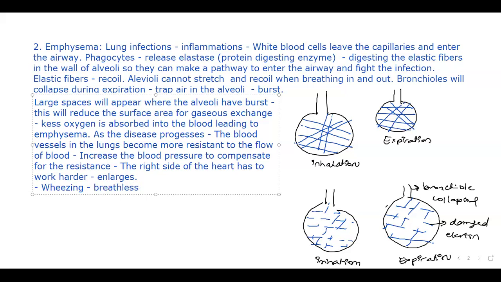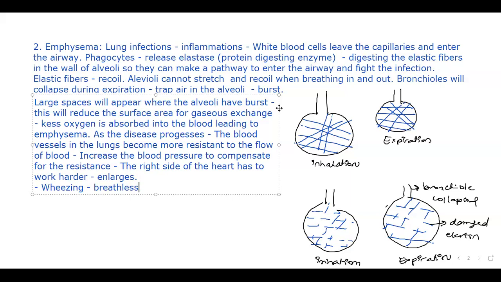And why are they breathless? They're not breathless because there has been any blockage of the bronchioles. That was in chronic bronchitis. These people will be breathless because there's not enough oxygen getting to their blood, because the alveoli are all being destroyed, right?